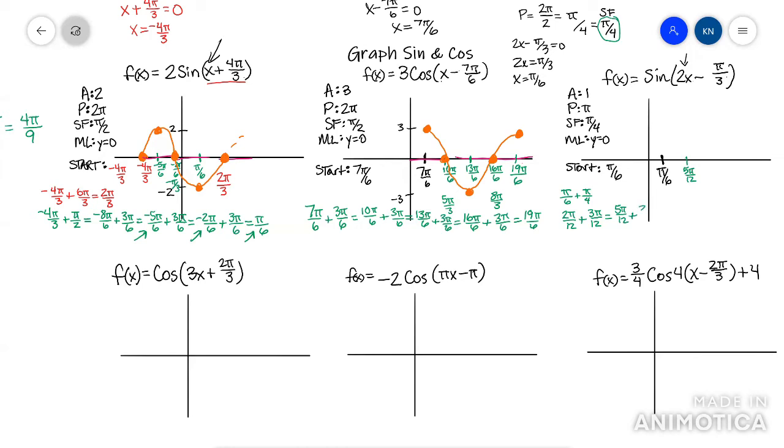Then I do it again, add another 3 pi over 12. It gives me 8 pi over 12, which is really 2 pi over 3. Add it again. You get 11 pi over 12. And then one more time.